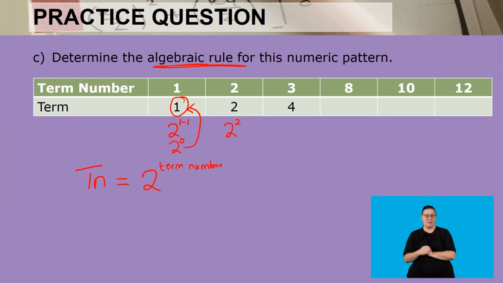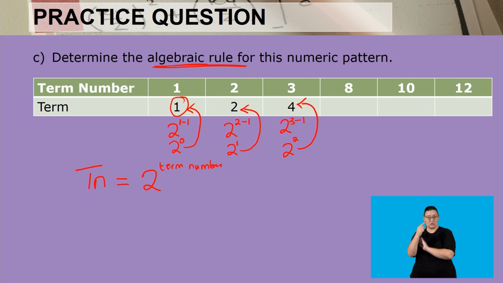Let's see if it works for the next term as well. If we in the term number subtract 1, that is going to give us 2 exponent 1, and that of course gives us that 2. Is it the same for this next term here? So we would have the term number, which is 3, and we would subtract 1 from that term number. That will give us 2 exponent 2, and that of course does give us our third term.